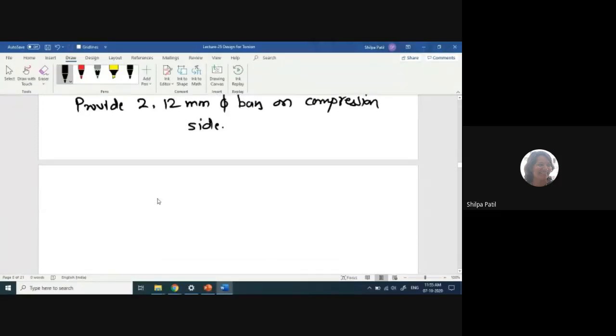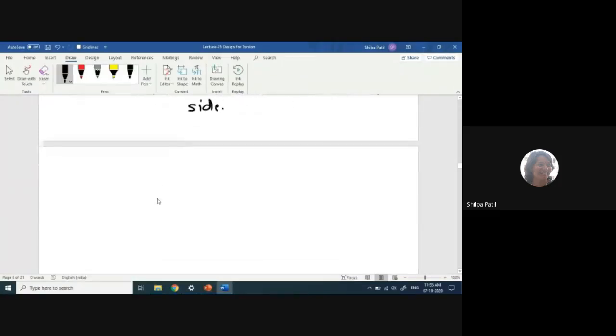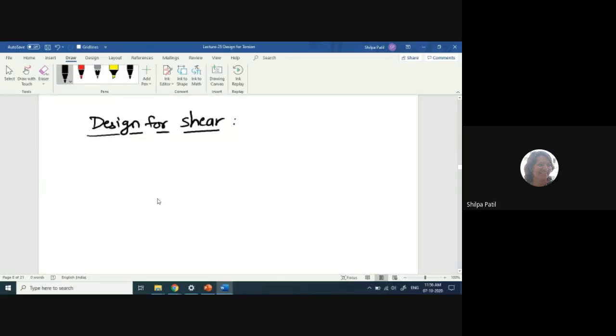Okay, here our calculation for area of steel finishes, and the next step is design for shear. Now these steps I request all of you to complete as a homework, because currently I'm not able to continue with the lecture as there is a pain with my eyes, so I'm not able to see your screen continuously.